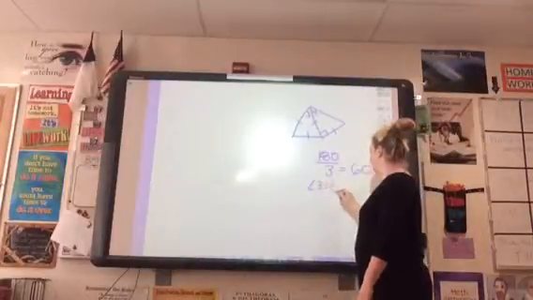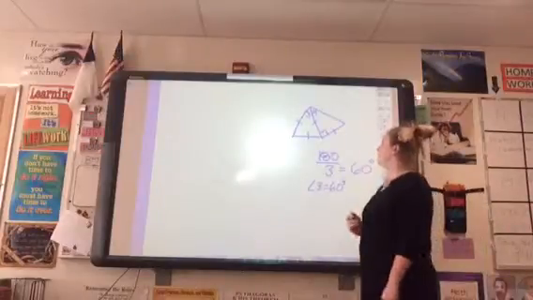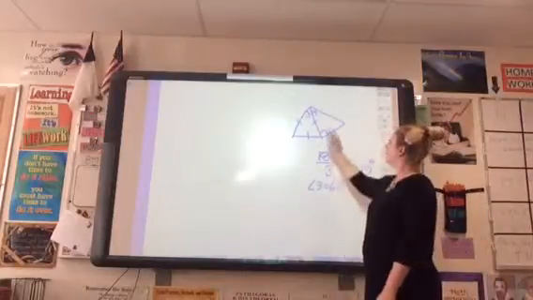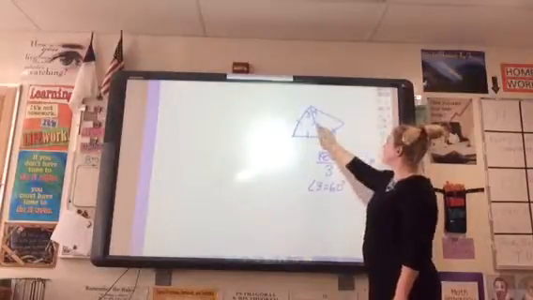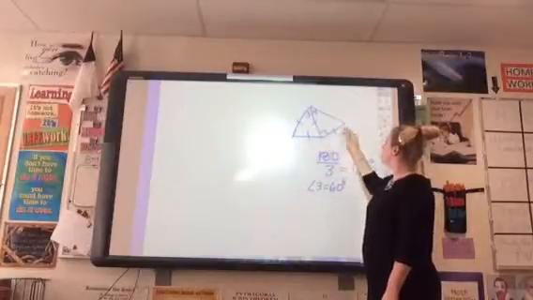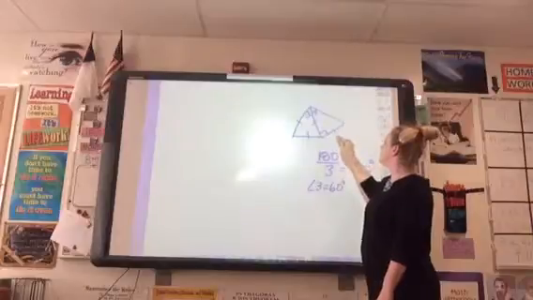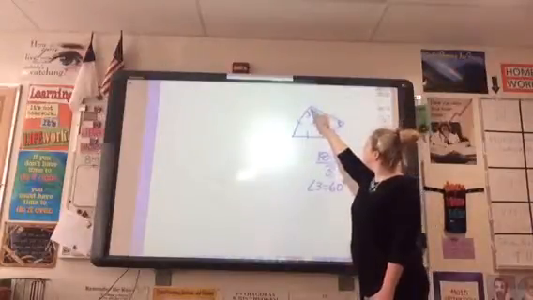Okay? Now, how would we find angle 4? Since that triangle has two equal sides and it's isosceles, the two angles next to it must be equal. So the isosceles triangle, this one with the angle 4, means the two angles opposite the equal sides have to be equal. So that makes this equal to this.